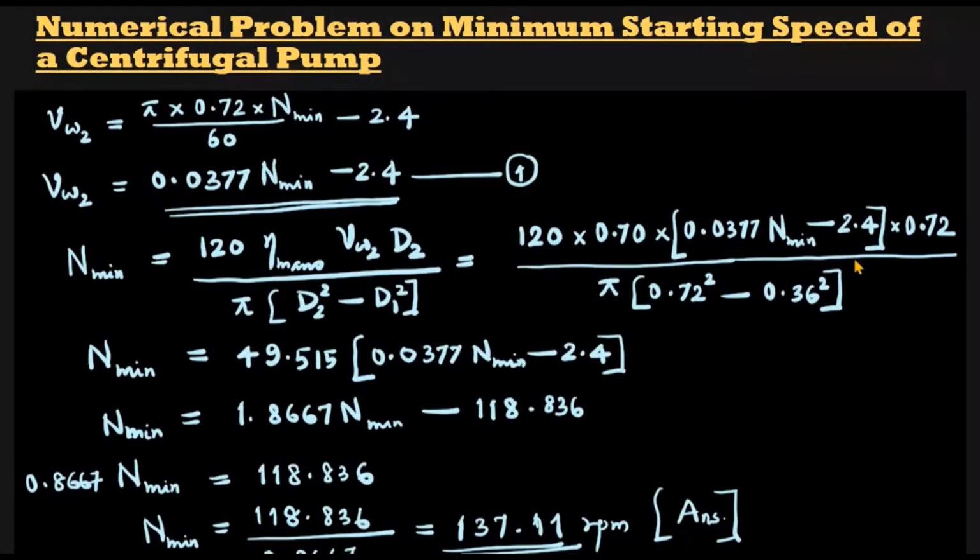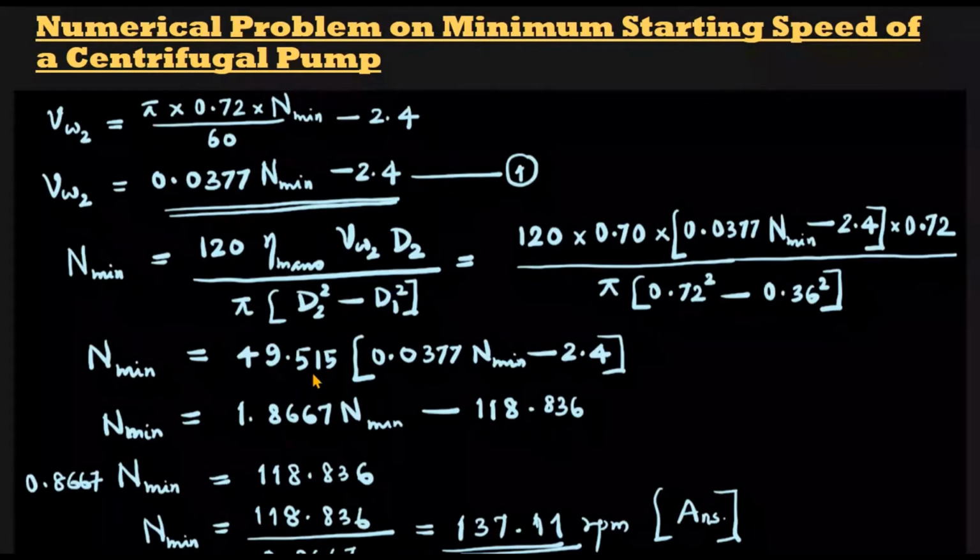So if you simplify the numerator, what you can get? n minimum is equal to 49.515 into 0.0377 n minimum minus 2.4.